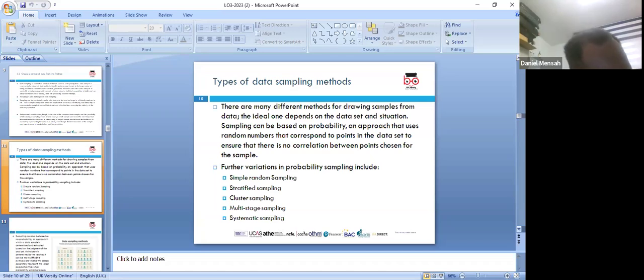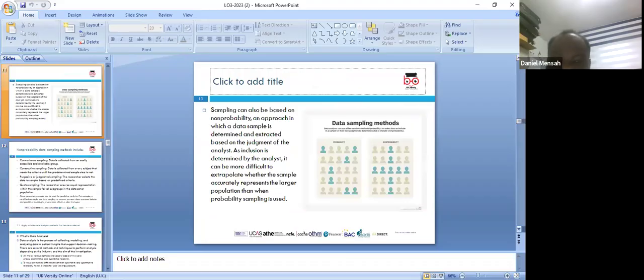But then sampling can also be based on non-probability, an approach in which a data sample is determined and extracted based on the judgment of the analyst. As inclusion is determined by the analyst, it can be more difficult to extrapolate, that's the word, whether the sample accurately represents the larger population than when a probability sample is used.